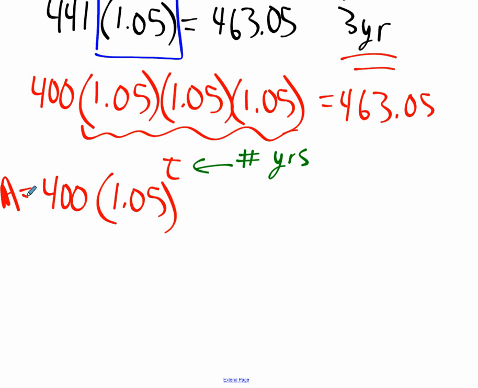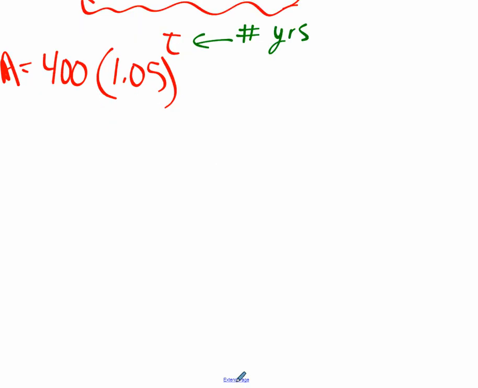So if I wanted 5 years, I'd just put 5 in for t. If I wanted 10 years, I'd put 10 in for t. And that's just one simple calculation. What's happening here is it's constantly increasing. It's an exponential model. It's increasing. So increasing exponential model.